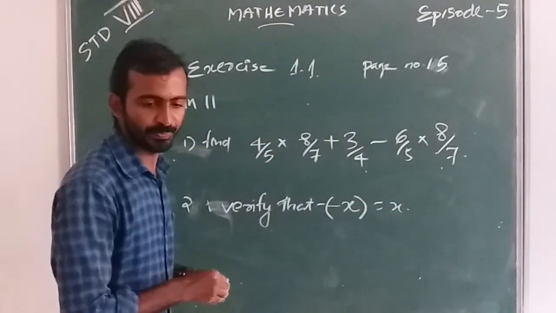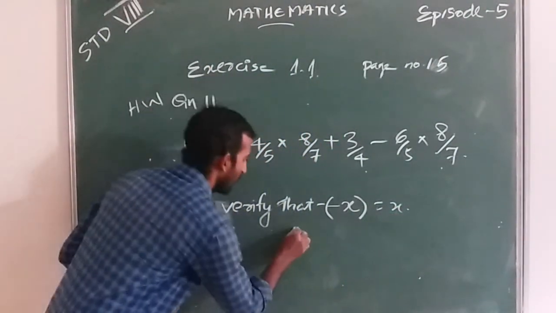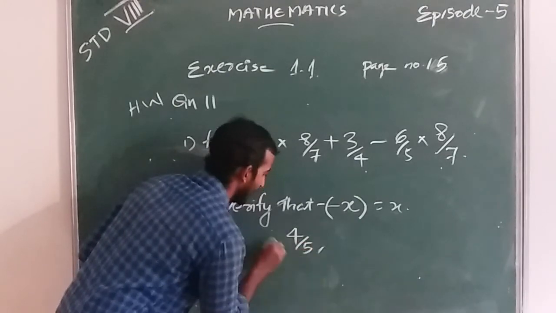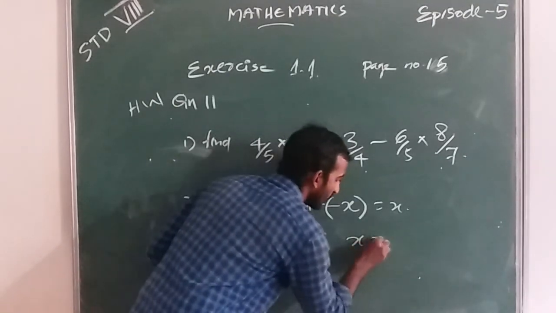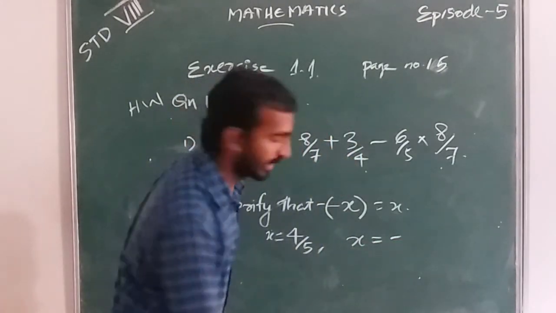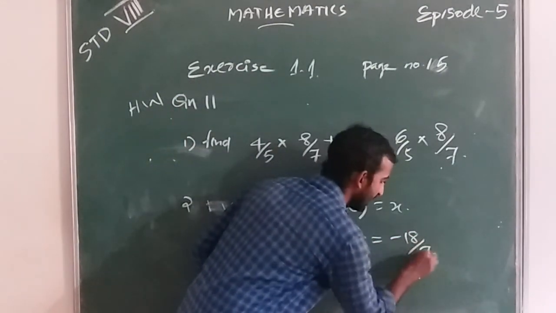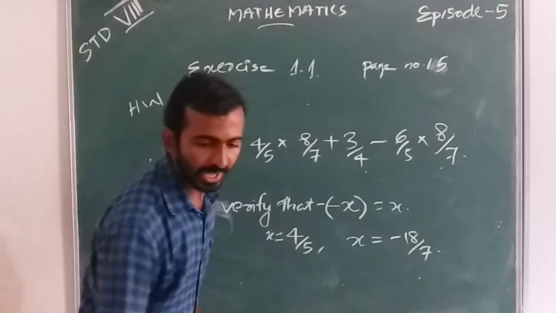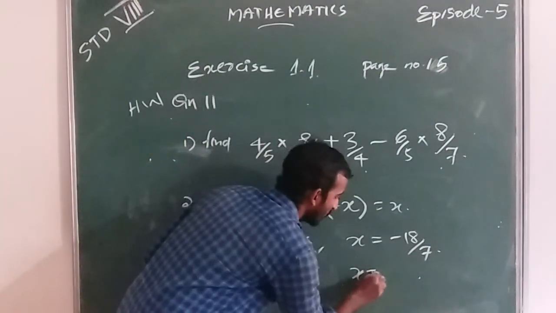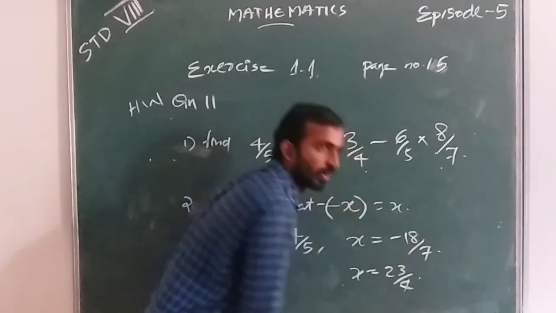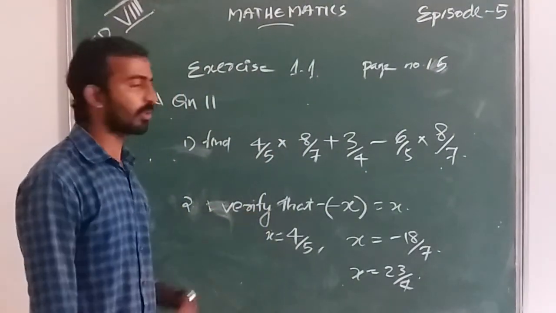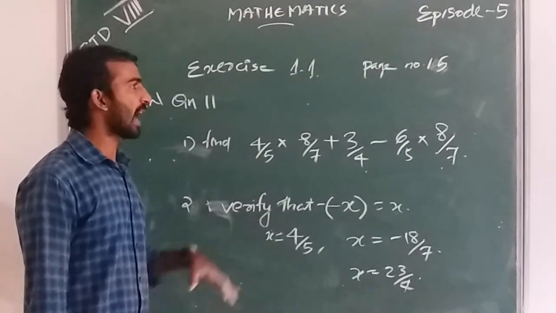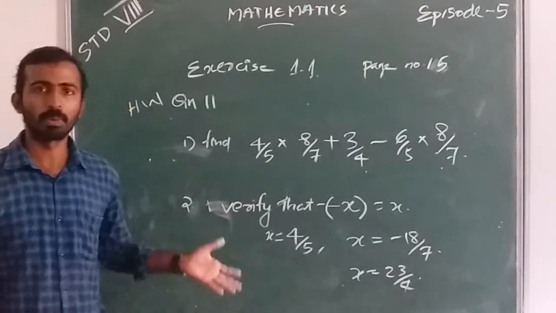In the case of x equal to 4 by 5, x equal to negative 18 by 7, and x equal to 23 by 4. These are the homework for you. You write in your notebook and solve the problems.